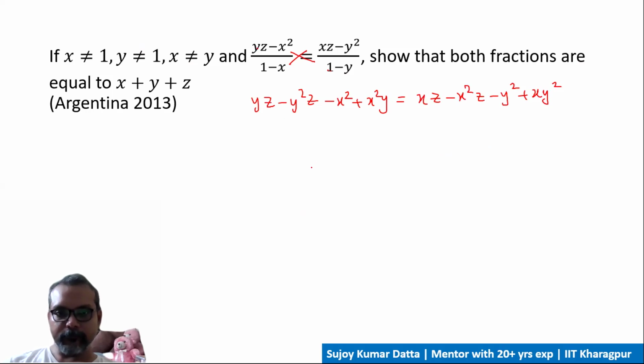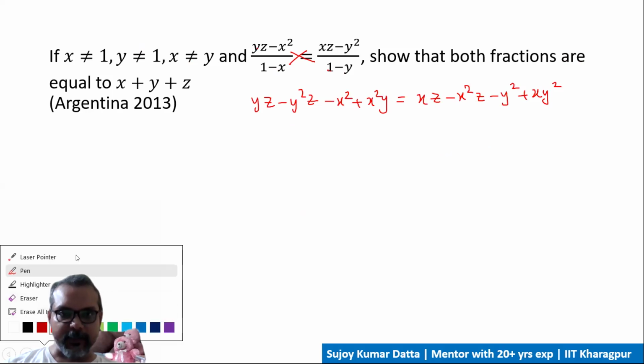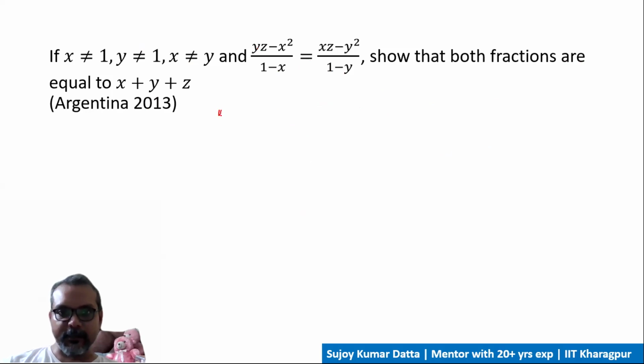Now okay, instead of cross multiplying, a better way of doing it, since we have to show that each of the fractions is that, we'll write it as this: yz minus x squared minus x equals.